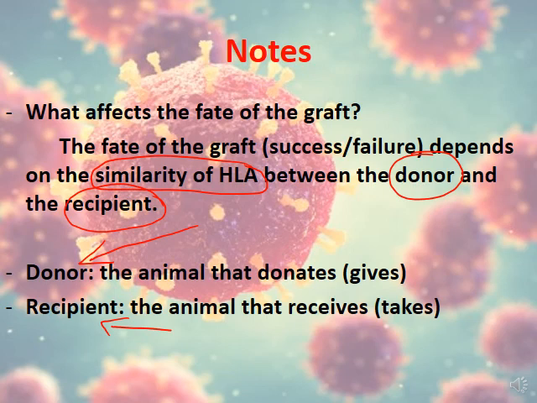The one that donates, meaning gives, is called the donor, and the one that receives, the one that takes, is called the recipient. So the fate of the graft, I repeat, depends on the similarity of HLA between the donor and the recipient.